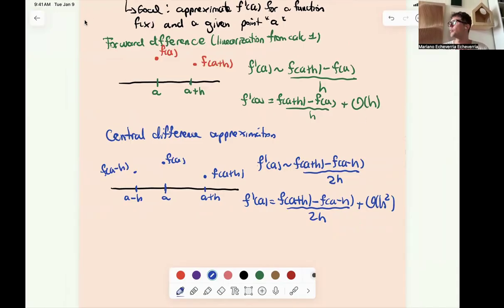Now, the other thing that I was mentioning yesterday, and how this connects to some of the stuff we have been discussing about polynomials, is that there is another way to think about this formula. Here's another way to find this approximation.